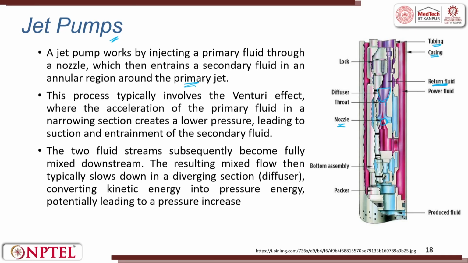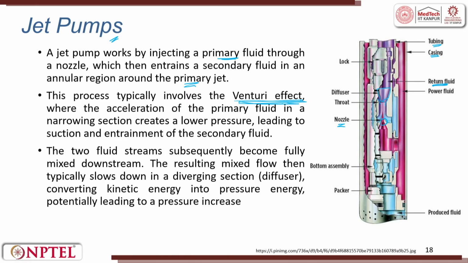So, there are two fluids, injecting a primary fluid through a nozzle. So, this is a nozzle, right, which then entrains a secondary fluid in an annular region around the primary jet. This process typically involves the Venturi effect. Venturi effect is very common when there is a direction change and a flow change, right.